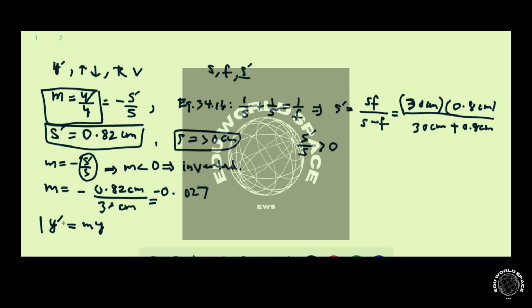I can throw in some absolute values because we know it's inverted already, so this will just give me the magnitude. So y prime is equal to 0.027 times 16 centimeters, which is 0.44 centimeters. Okay, so that's the height of the image that's formed.